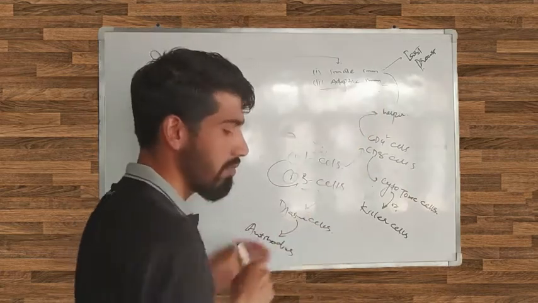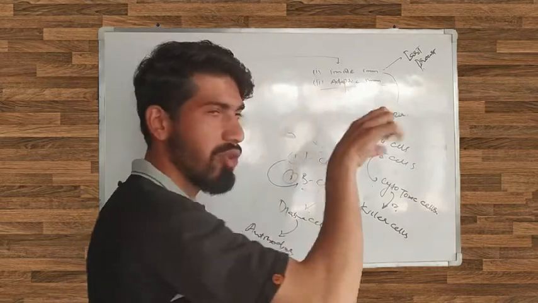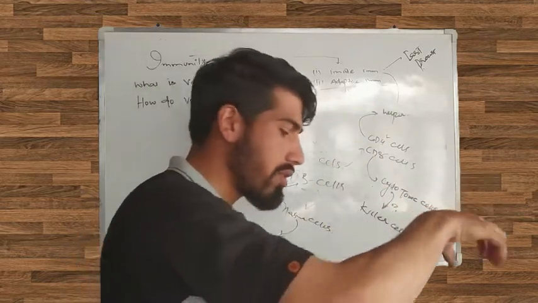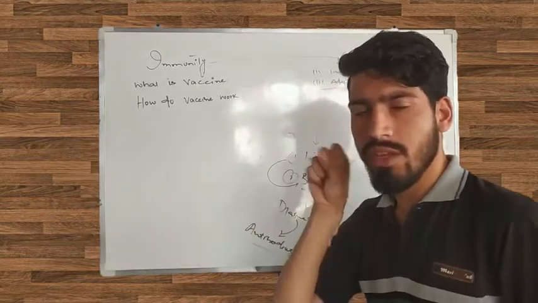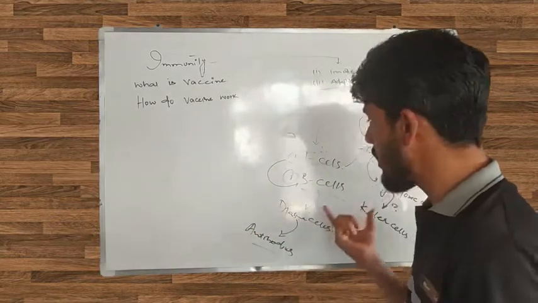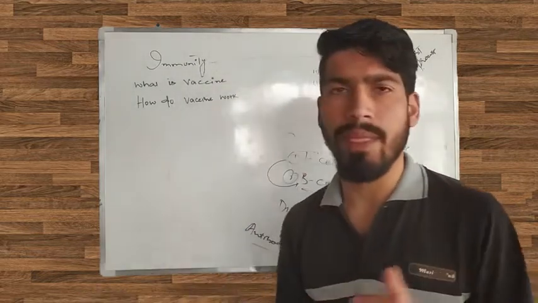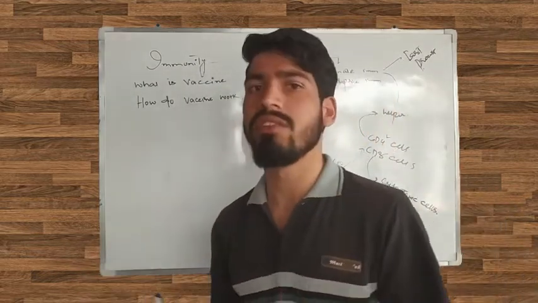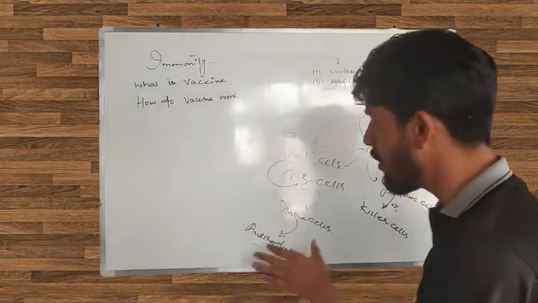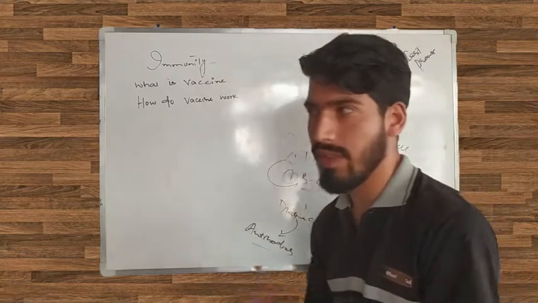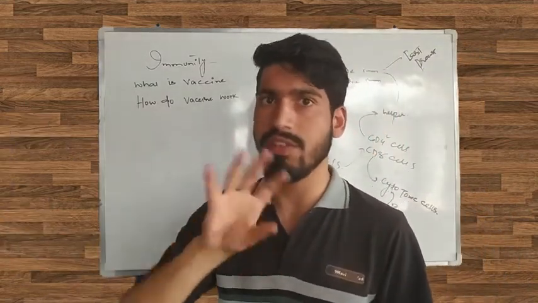There are memory cells, so it remembers the pathogen when it enters the first time. When the pathogen enters the first time, this adaptive immunity recognizes it and makes the antibodies. So it takes some time, some days or weeks. So the next time, when the same pathogen or the same foreign particle enters our body, the antibodies are already present in our body.